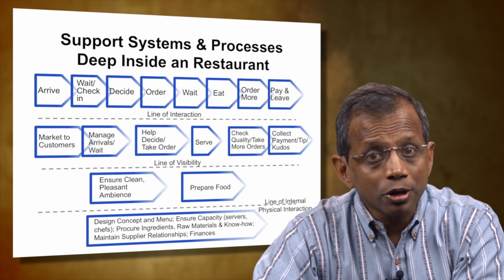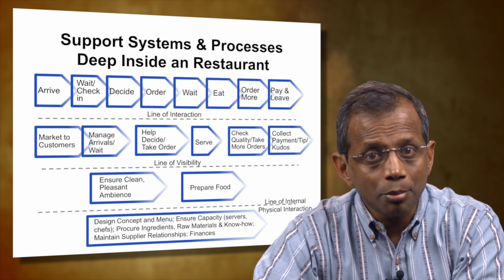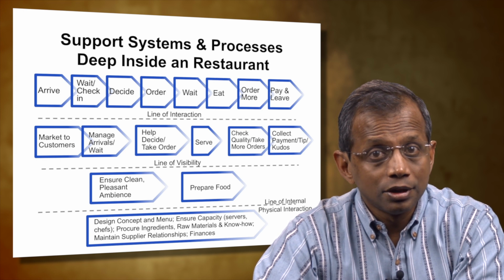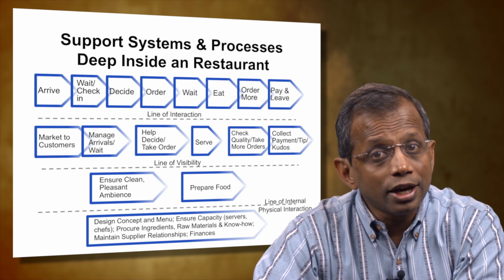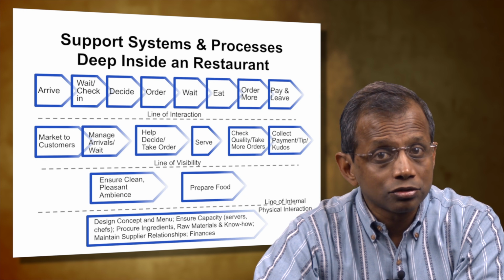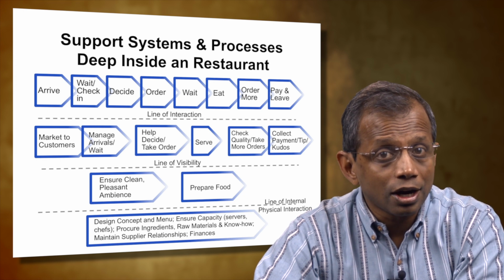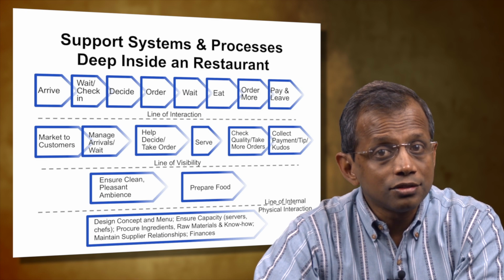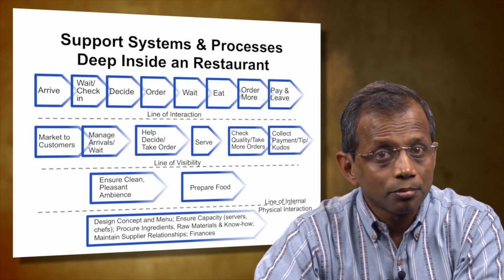The restaurant must procure ingredients, raw materials, good ones, and it must have the know-how. Finally, the system must maintain good relationships with its suppliers and also good financial and accounting systems to ensure smooth functioning. So these are at the core of the enterprise.